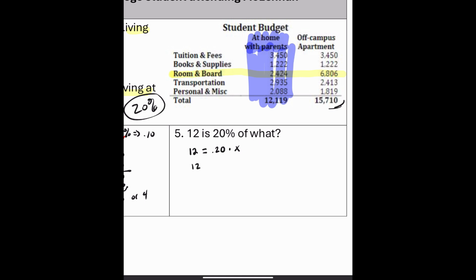So in other words, it's just 12 equals 0.20x. Now, this is just a basic algebra problem. Okay, so if I divide both sides by 0.20, then we have x equals 12 divided by 0.20. Hopefully we can use a calculator for this. That is going to be 60, okay?